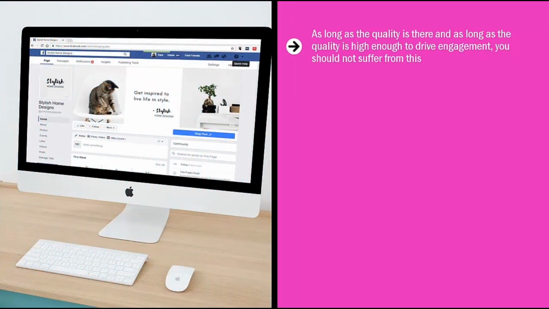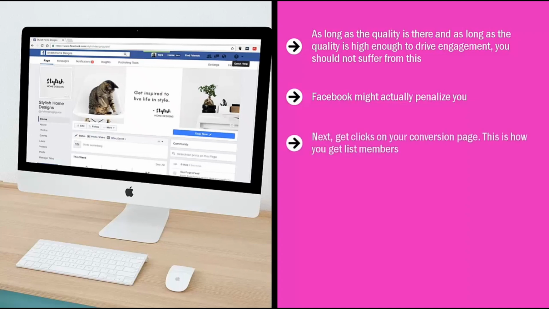As long as the quality is high enough to drive engagement, you should not suffer from this. However, if you just publish stuff that has absolutely no engagement, Facebook might actually penalize you. If you think very few of your fans are seeing your content now, wait until Facebook punishes you for low engagement. Even fewer of your fans will see your content after the penalty.